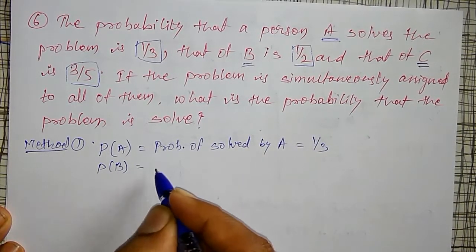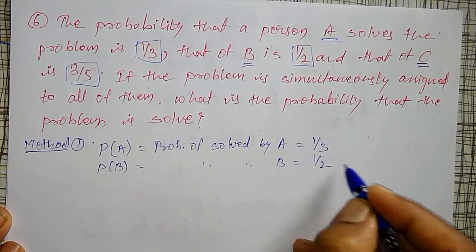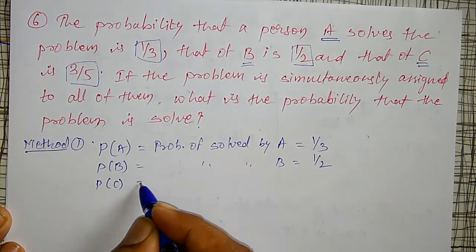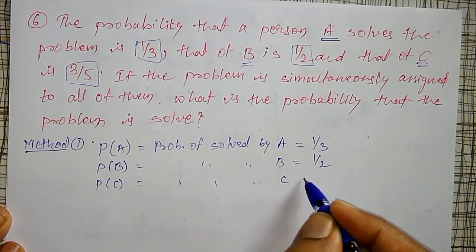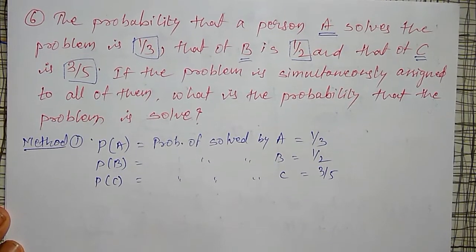Probability of B is equal to probability of solved by B, it is 1 by 2. Probability of C, probability of solved by C, is equal to 3 by 5 they have given.